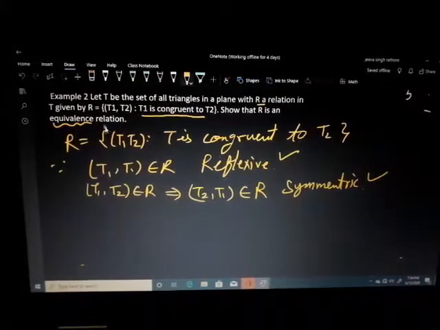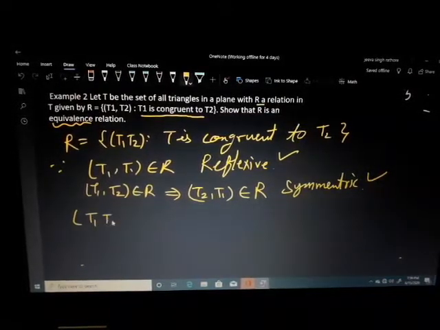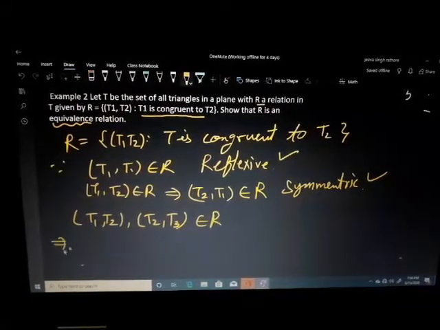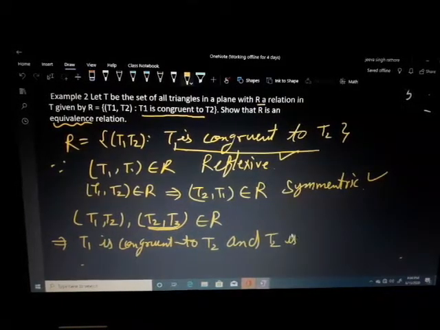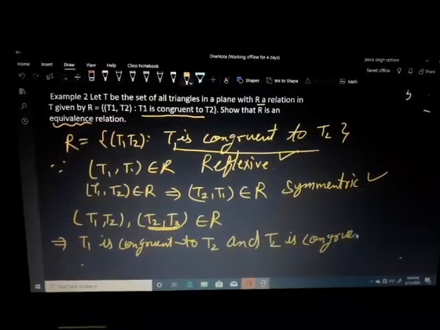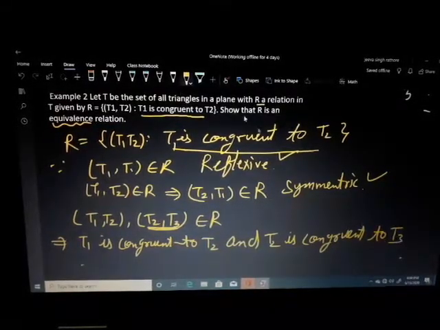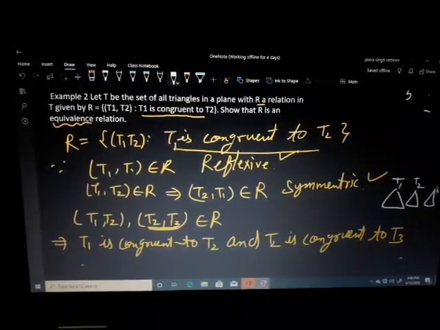Now we have proved this is reflexive and symmetric. Now I am going to transitive. For example, (T1, T2) and (T2, T3) belong to relation R. That means T1 is congruent to T2, and T2 is congruent to T3. For example, this is triangle T1, this is triangle T2, this is triangle T3.